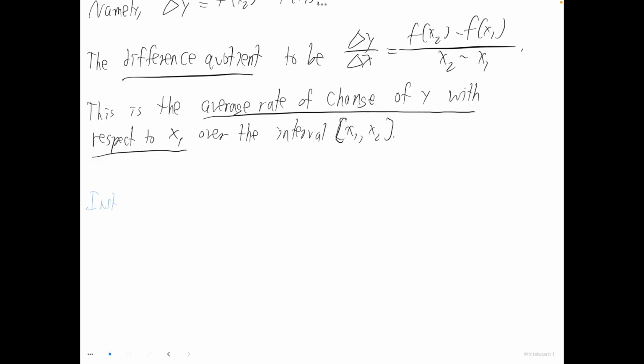And so the instantaneous rate of change of a quantity y with respect to x is defined to be the limit as delta x goes to 0, so as we shrink how much we're changing x to essentially 0, of our difference quotient, which is delta y over delta x.